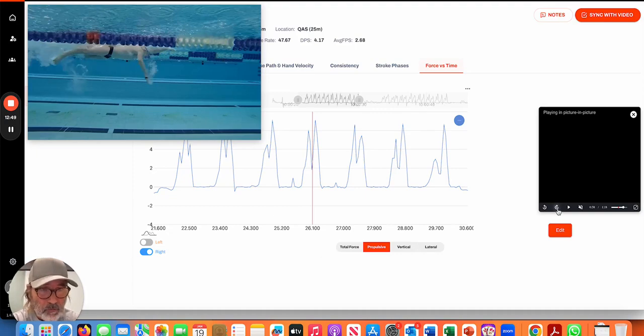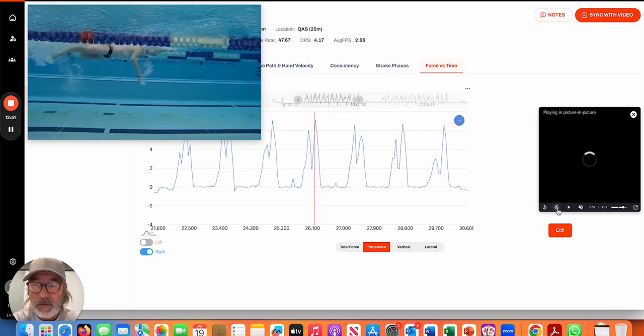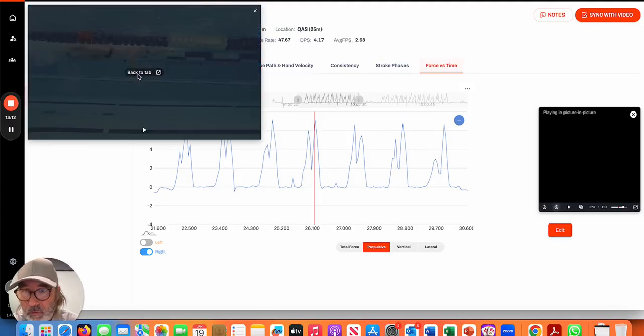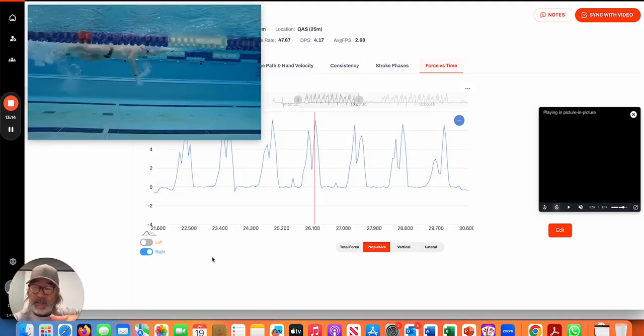We can click this button here, forward and backward. Unfortunately, we're filming from the side because the coaches wanted to see particularly what's going on with his hips. When we're talking about looking at those lateral phases or rotations, I like to get the video from the front so you can see exactly what that hand is doing as it comes through. But you can see on the video, I'll just take that off, you can see the back of the hand there.